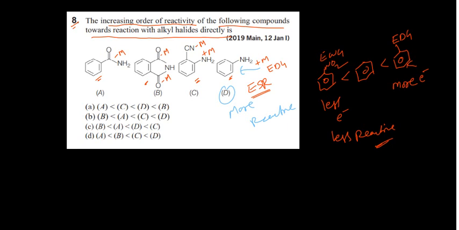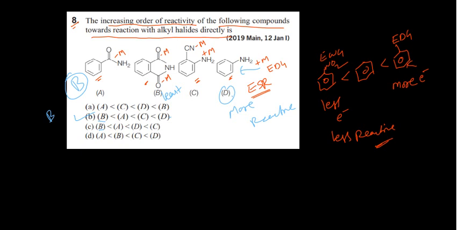Here two minus mesomeric groups are there, means least. See, B should be least, as two groups are there. D should be highest, as only one group is there. So B is your answer. Your final answer is B.